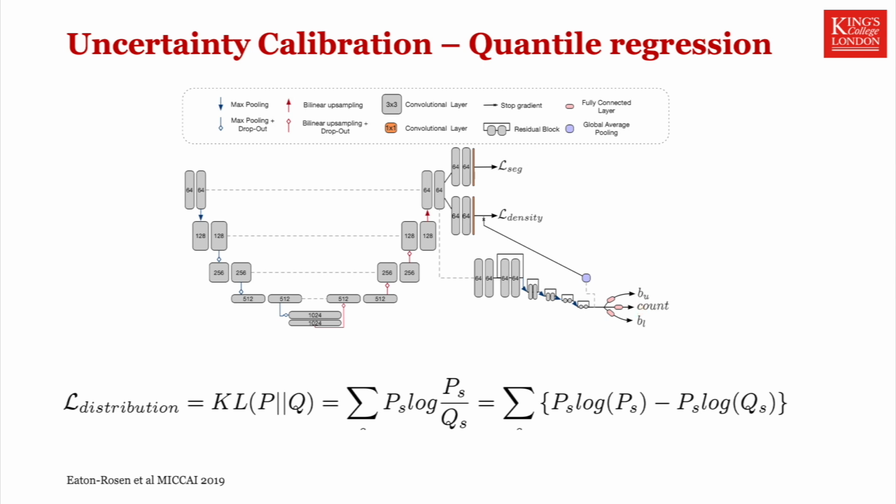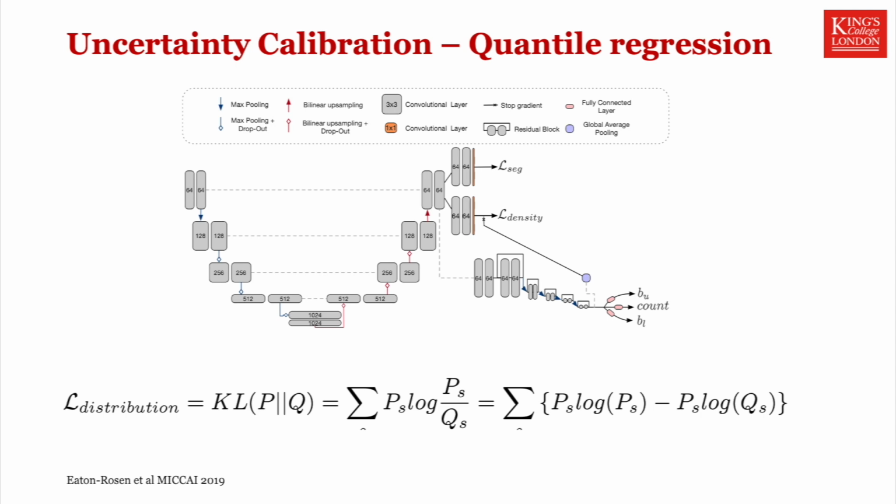Let's say you define these as the upper 95% and the bottom 5% percentiles or quantiles. What you know is that, for the upper bound at 95%, there should only be one example out of 20 that is above the upper bound. And for the lower bound, there should only be one example out of 20 that is below the lower bound.